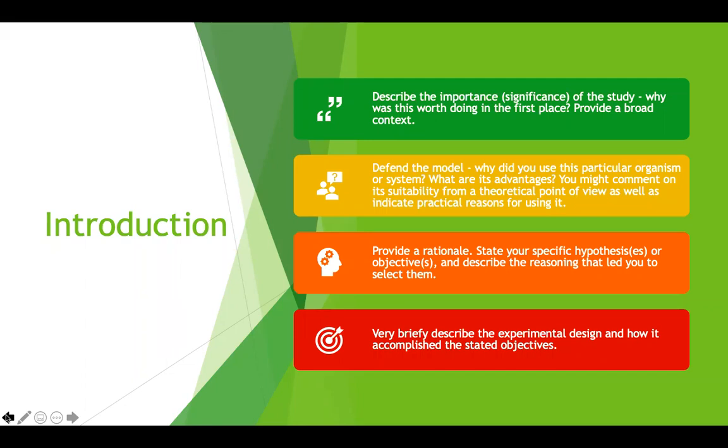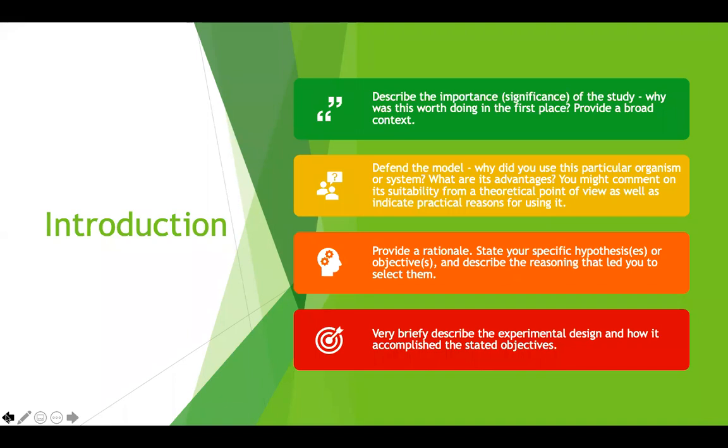Describing the importance of the study is very important: start from the broad context and narrow it down to why it is worth doing. Defend the model. Why did you use this particular organism or system, and what are its advantages? You might comment on its suitability from a theoretical point of view, as well as indicate practical reasons for using it.